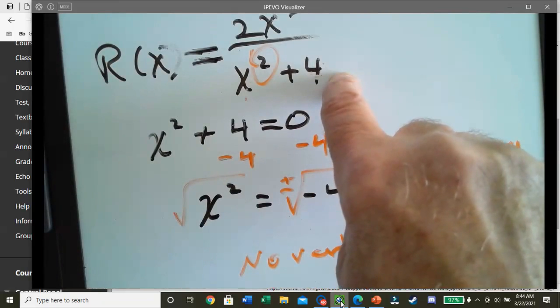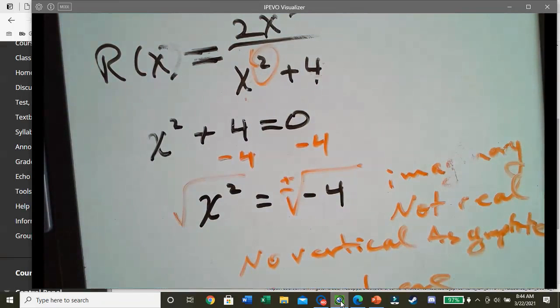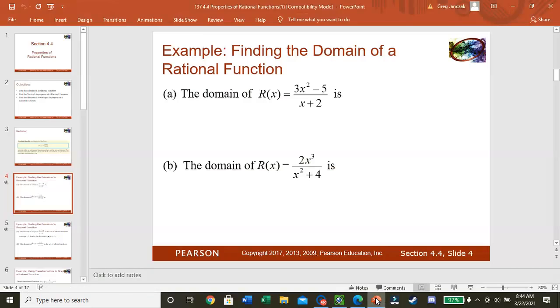This one you almost never see. But I had to put it up there, because you may see it sometime, and then you'll know that there is one case where x is in the denominator, and it could be all real numbers. All right. Okay.